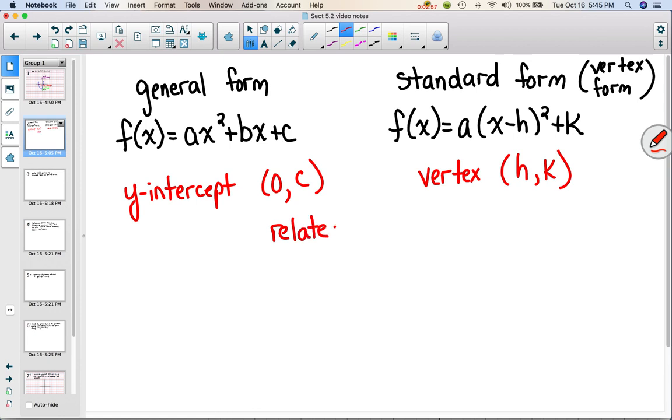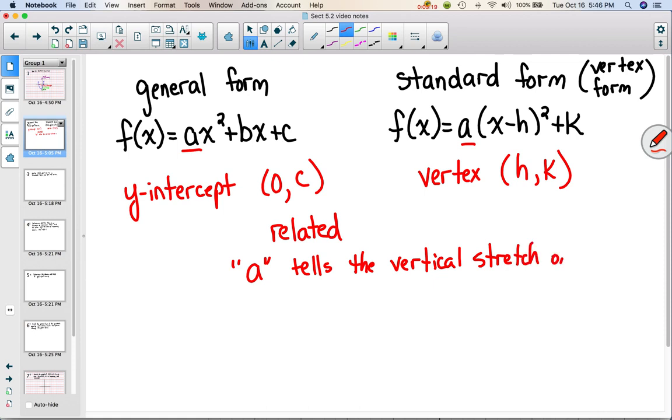I want to talk about how these are related. Something that's important in how they're related is this value of a. Notice that you've got a in both parts. Remember that this value tells the vertical stretch or compression, as well as the direction of opening.